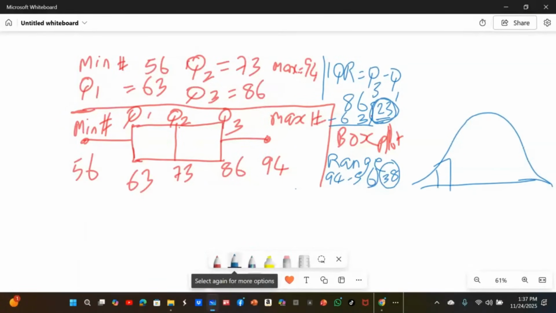So that is the kind of histogram that I had. It's approximately normal, it's not exactly normal.